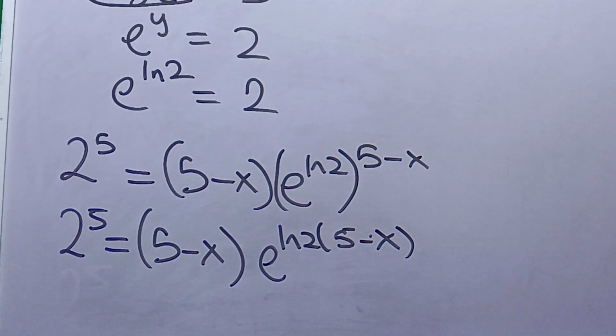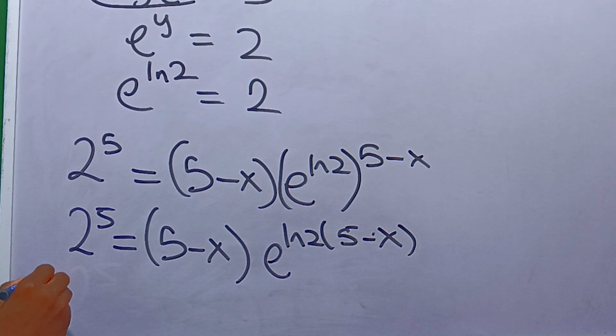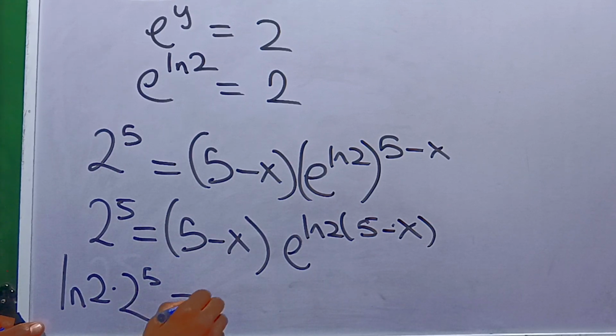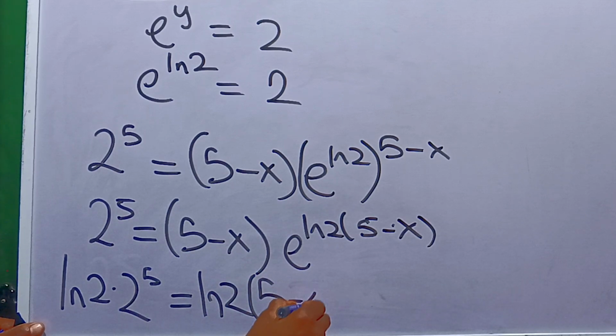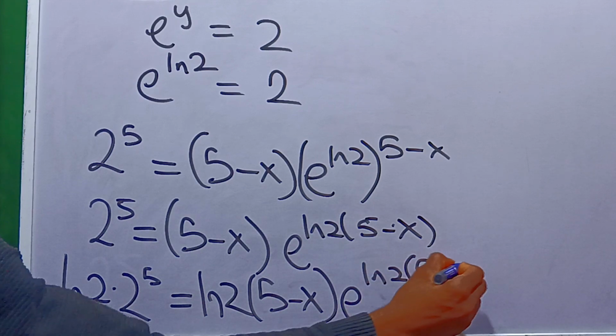So we have ln of 2 times 2 raised to the power 5 equal to ln of 2 times 5 minus x multiplied by e raised to the power ln of 2 times 5 minus x.